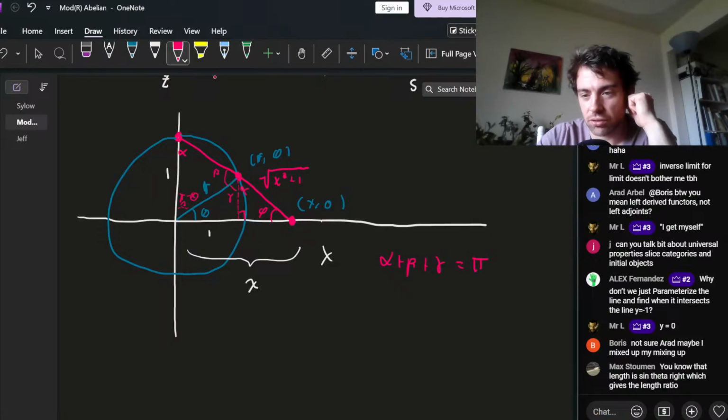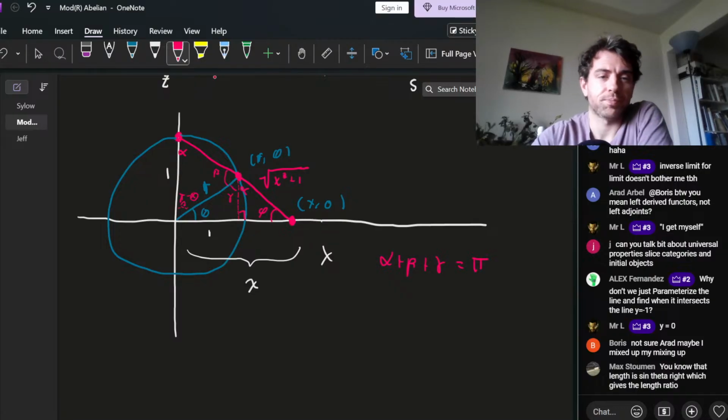We know that the length is sine theta, which gives the length ratio. The length of what? Oh yeah, somehow we want to use the length ratios.